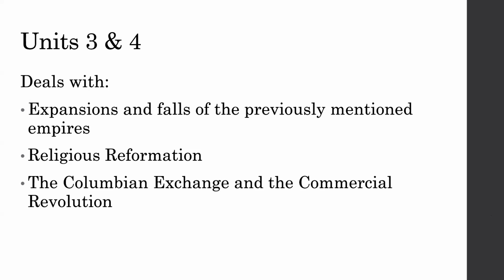There will be the religious Reformation, aka the Protestant Reformation, that happens in the 1500s, and most importantly and notably, the Columbian Exchange and the Commercial Revolution. This will be very important as the Columbian Exchange is not just a major component of world history, but also a major component of AP Euro and AP United States history. So just keep that in mind.